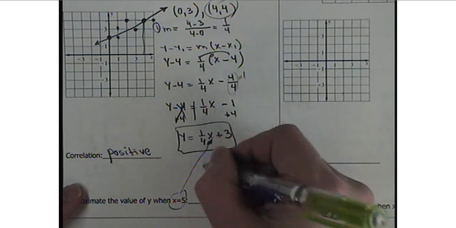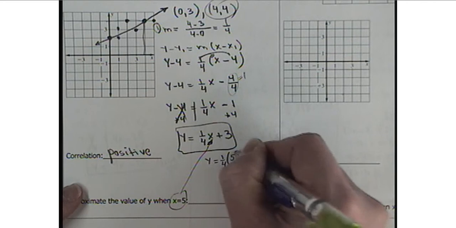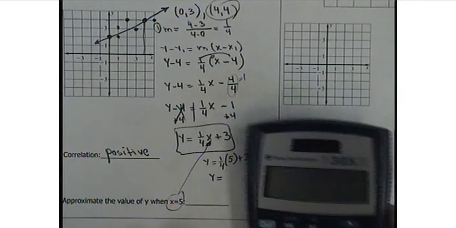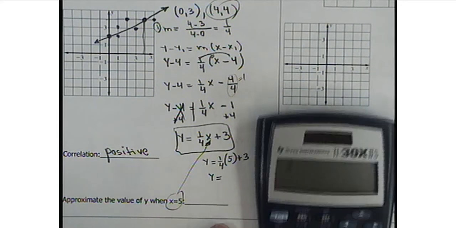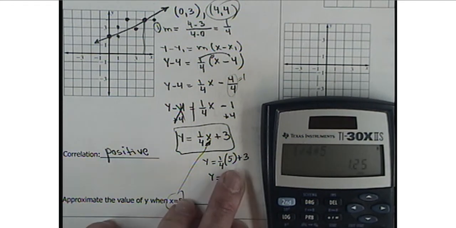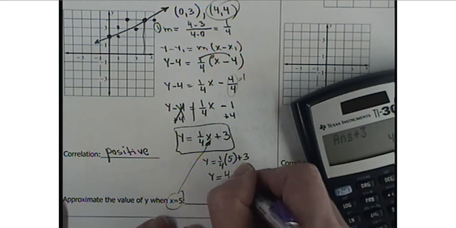So let's substitute. y equals 1/4 times 5 plus 3. So y will be equal to, on the calculator, I'm going to type 1 divided by 4 times 5, which is equal to 1.25, plus 3 will give me 4.25.